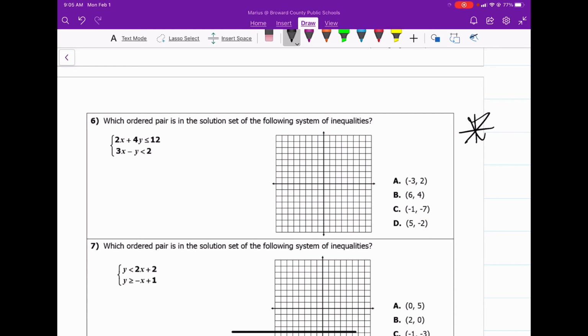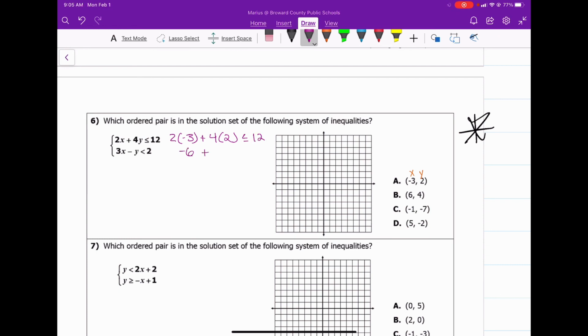So let's take a look at A. For example, x is -3, y is +2. So for the first inequality, this would be 2 times negative 3 plus 4 times positive 2 is less than positive 12. And I need to see if that works.